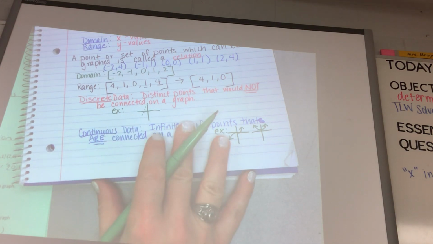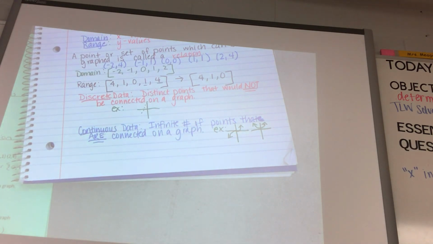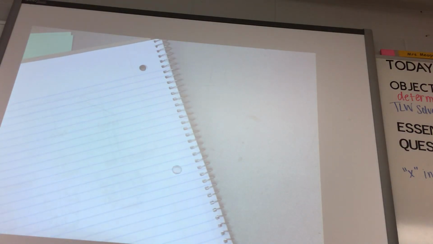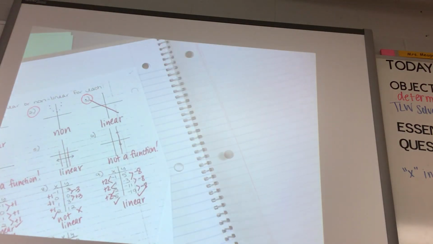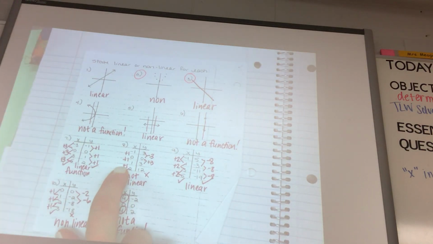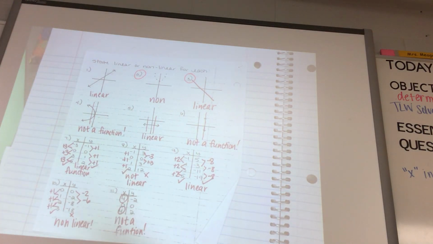And then lastly, I want you to look back at the previous night's video, which I realized was assigned to you on Wednesday night, but it was the last video. These graphs, okay, and I want you to tell me which two, there's two of them, are discrete and which are not, and then you'll be able to figure out which ones are linear.